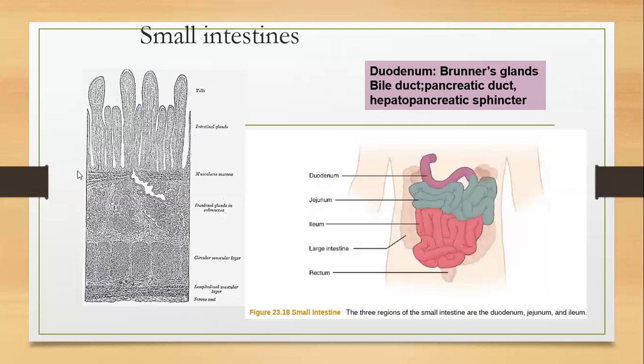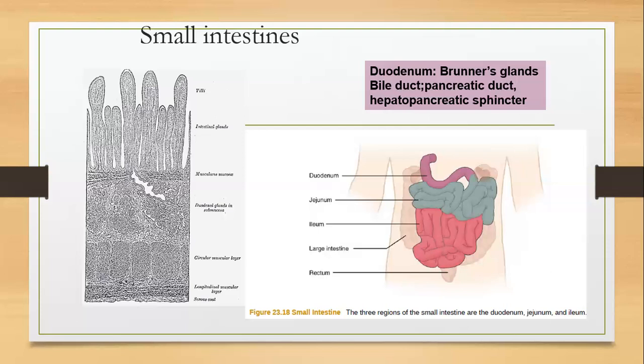By the way, this whole part together with the muscles could be representing one circular fold. But towards the mucosal area, you have those projections. And these projections are finger-like in structure, and they're the ones we call the villi.